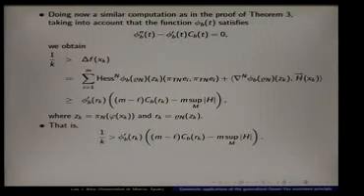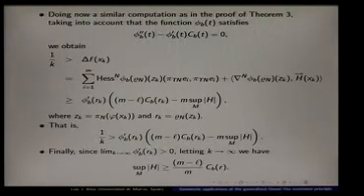So at the end we get this inequality, and now letting k go to infinity, we obtain the result. And this finishes the proof of theorem 6.